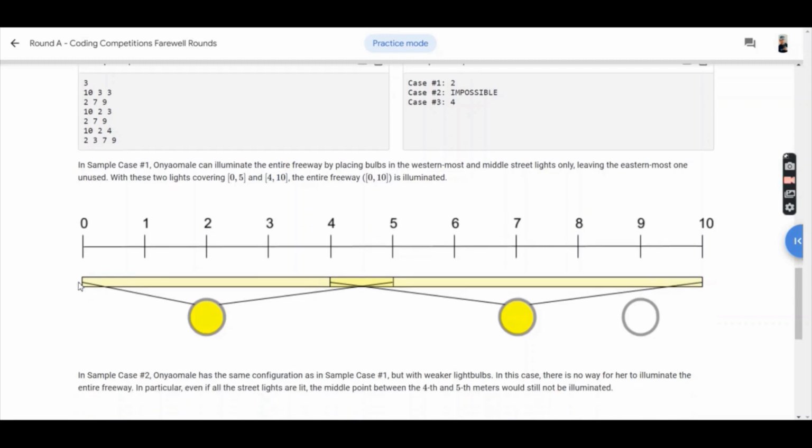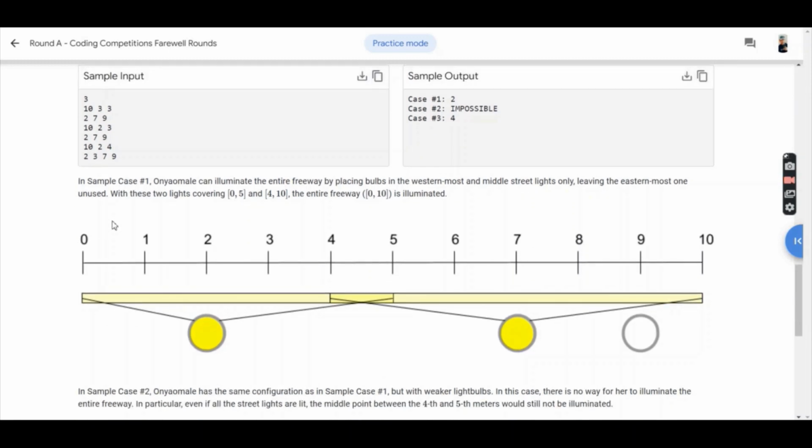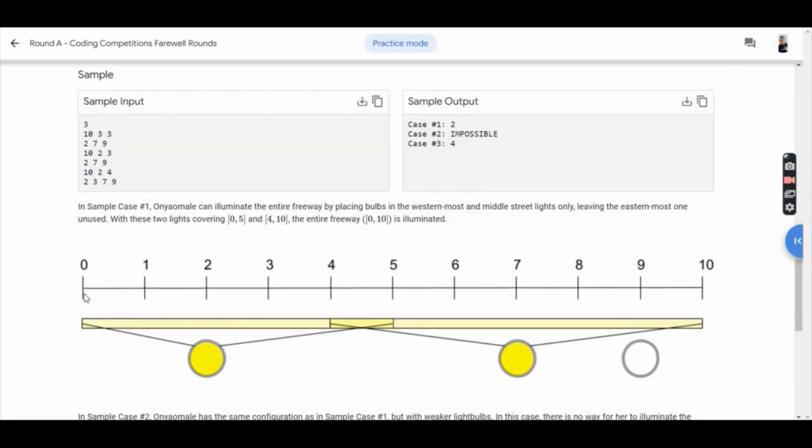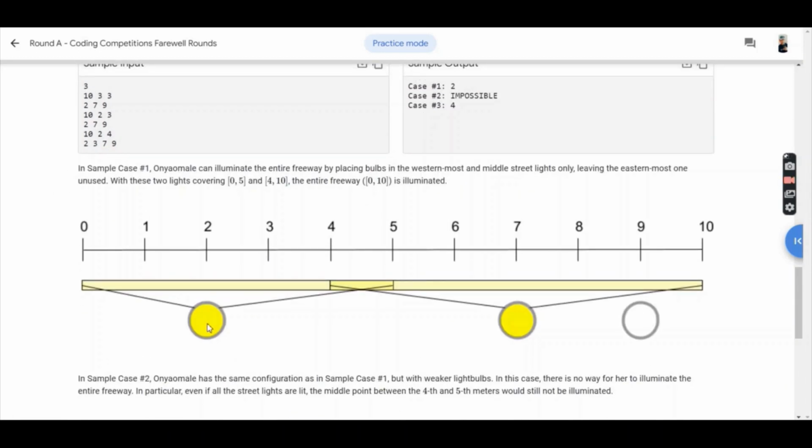You cannot rearrange the bulbs because their positions are given in the problem. In this case, the first bulb is at the second position, the second bulb is at the seventh position, and the third bulb is at the ninth position. So you need to find the minimum number of bulbs that will light up the entire road.